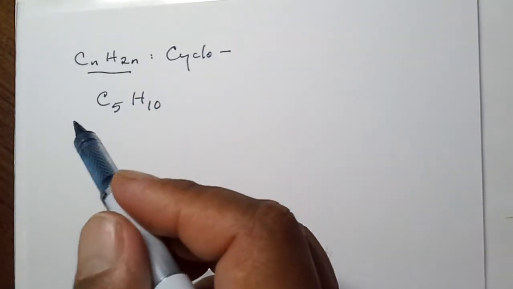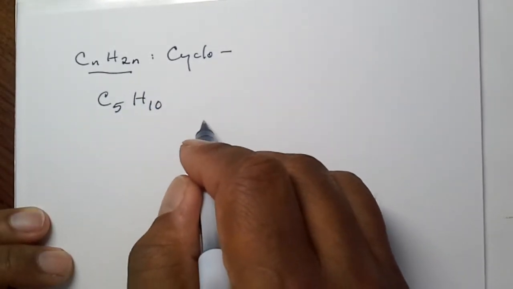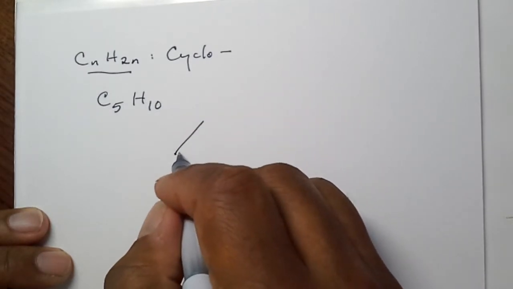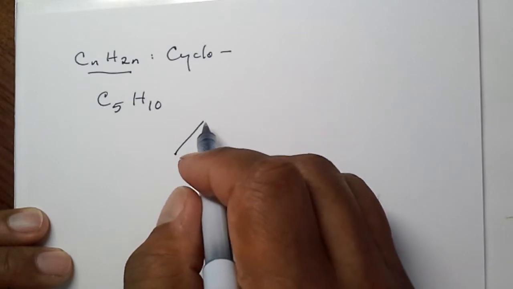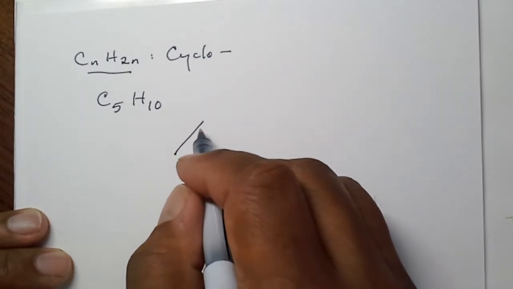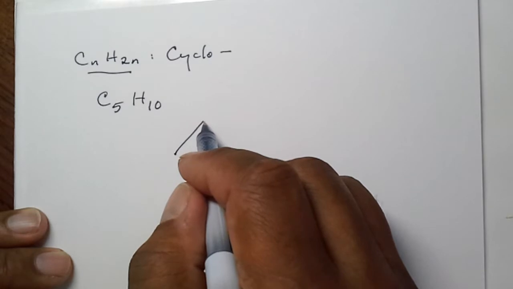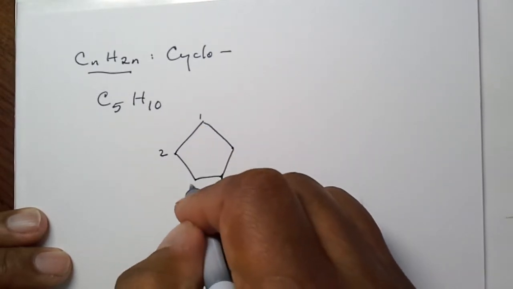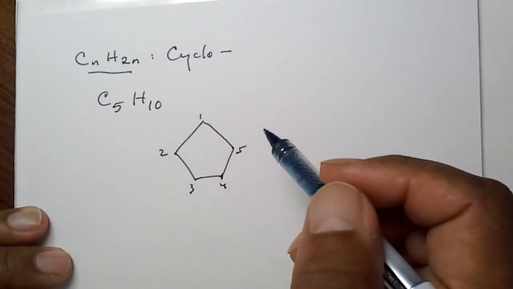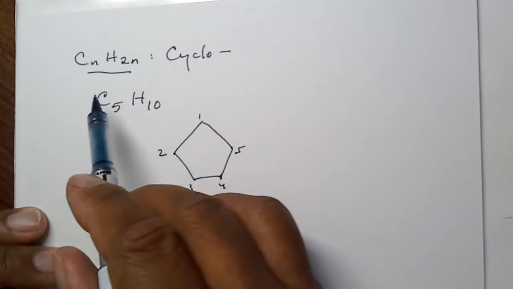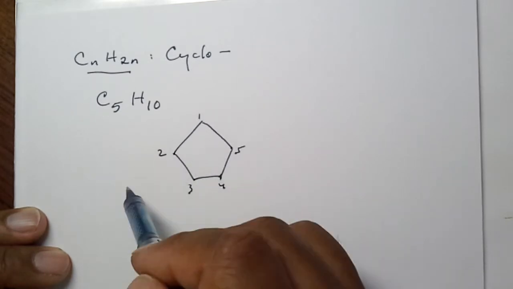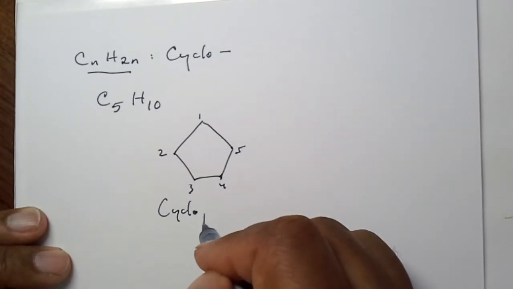Okay, what does that structure look like? It's cyclo with 5 carbons. Alright, if we have 5 carbons, 1, 2, 3, 4, 5. And in the cyclo, 5 carbon cyclo, 1, 2, 3, 4, 5, that would be cyclopentane.